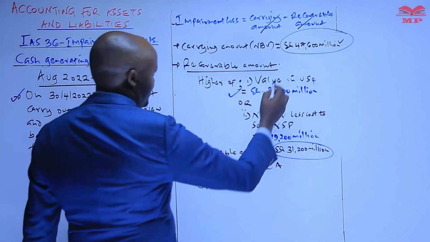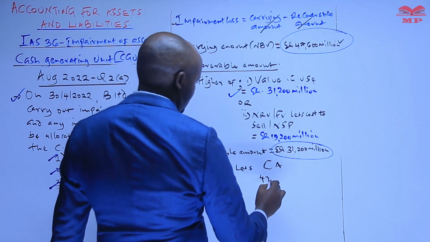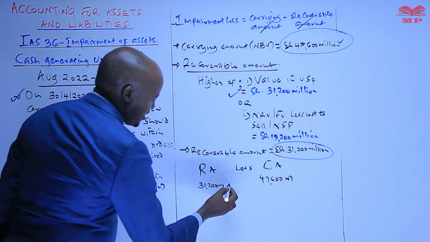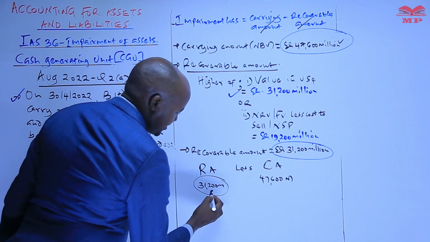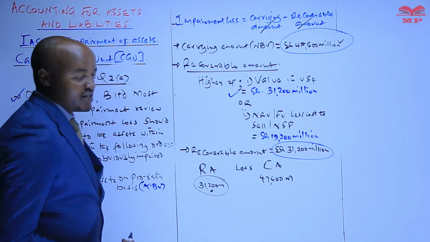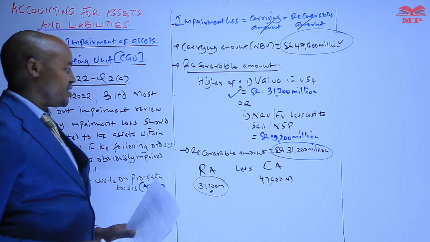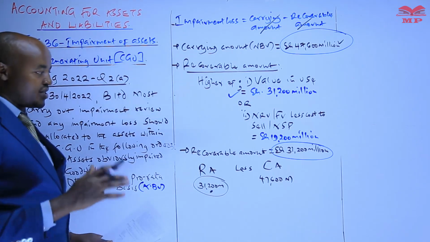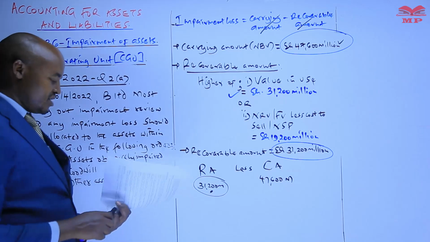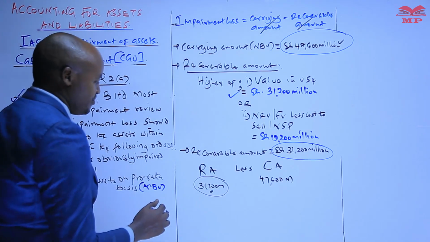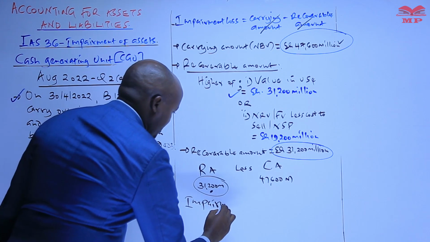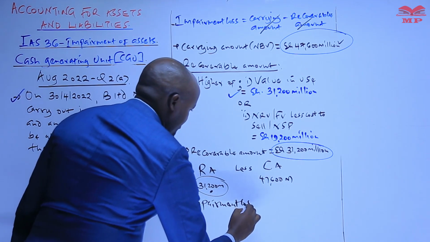What about the carrying amount? It is 47,600 million. So we need to check, is our recoverable amount less? Is this less than that one? Yes, it is. If that is the case, then we say that our asset here is what? Is impaired. Not the asset, rather, our cash generating unit is what? Is impaired. And therefore, we need to proceed and determine the impairment loss.